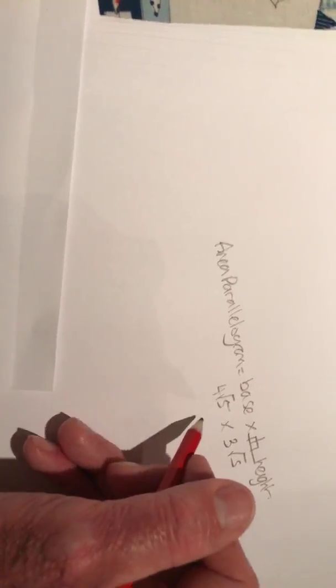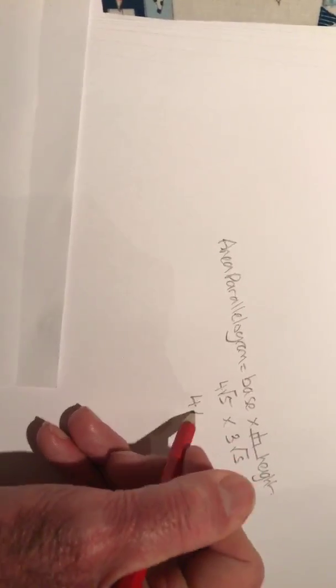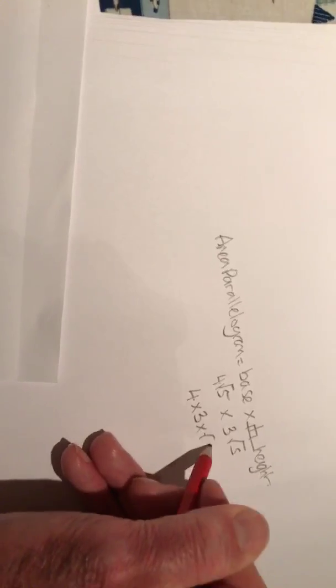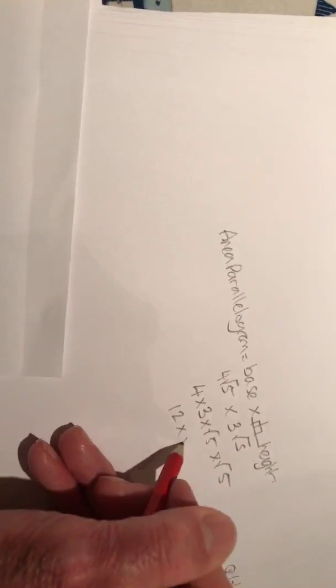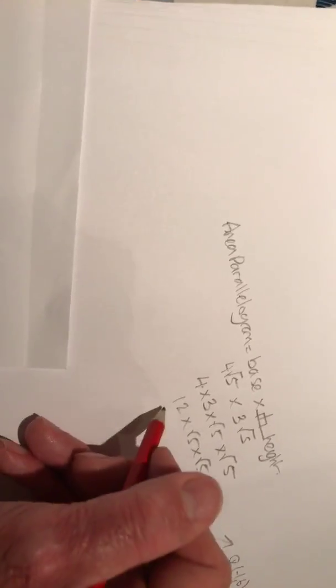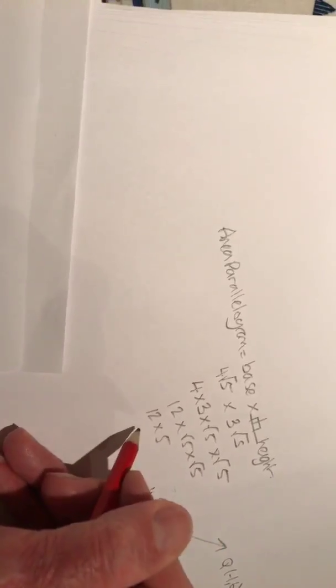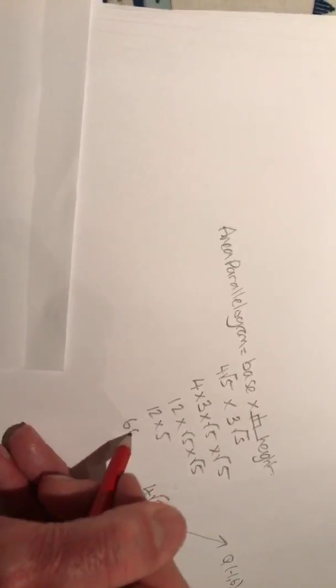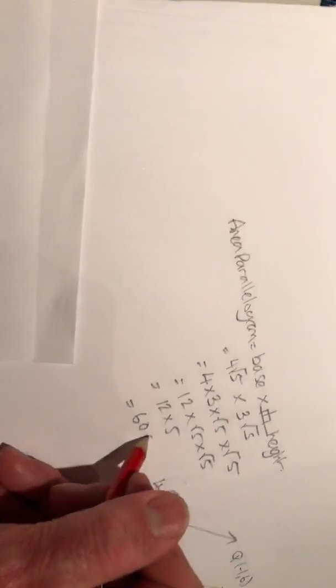And what I'd do there, if you're not too sure, is split it all out into your numbers and your surds. Remember commutativity, multiply anything in any order. 4 times 3 times root 5 times root 5 is 12 times root 5 times root 5, and your rules of surds, root 5 times root 5 is 5, so 12 times 5, so the area of the parallelogram is equal to 60 square units.